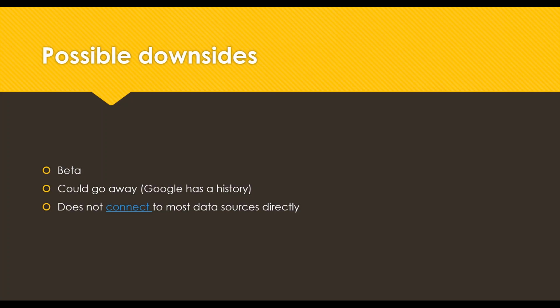So knowing that it could be a temporary thing is good to prepare yourself for, and try and make workarounds in case the worst case scenario happens and it goes away. But I feel relatively confident that they will want to keep this or a subtype of Google Analytics going for a while because they've invested a lot in their analytics and AI side of things.